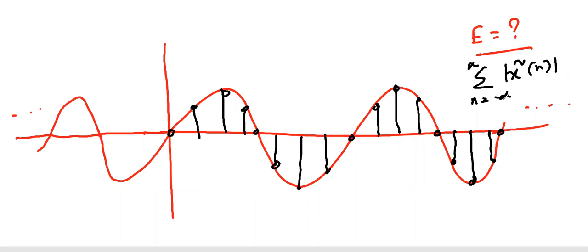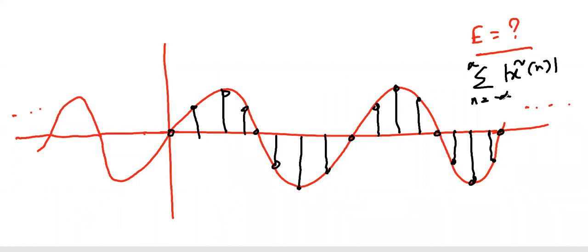Thank you. And why is this a power signal? Sir, since the energy is infinite, I think the power which we will obtain will be finite in value. Can you prove that?